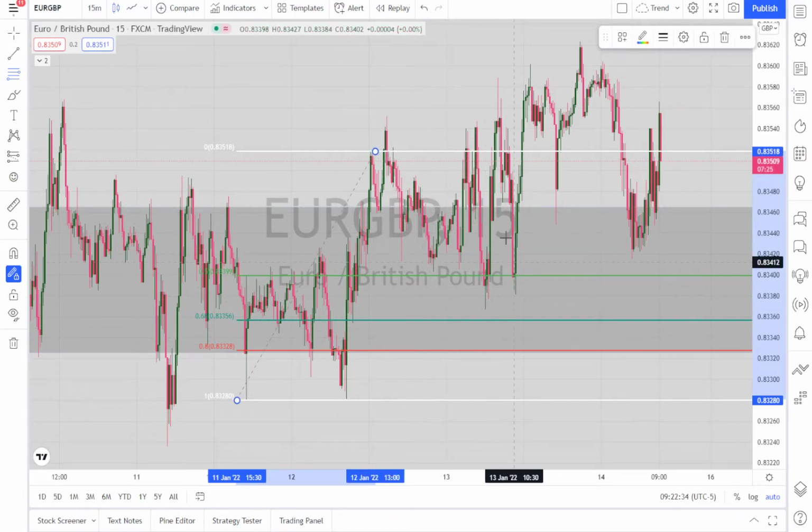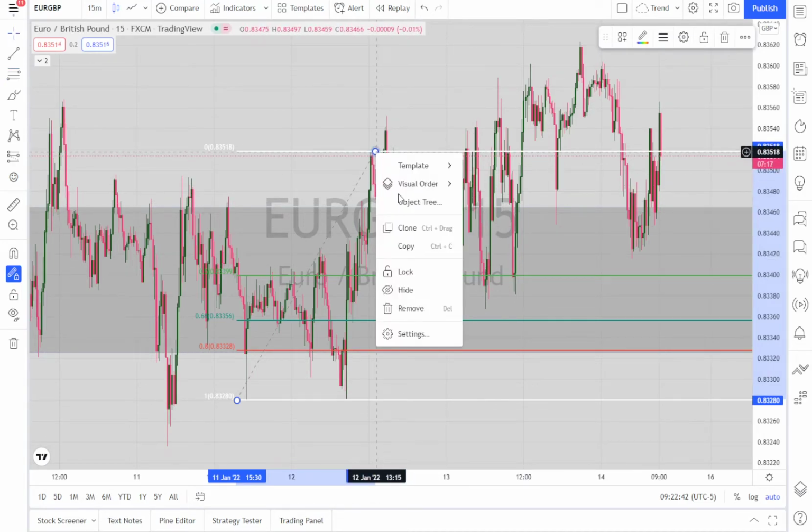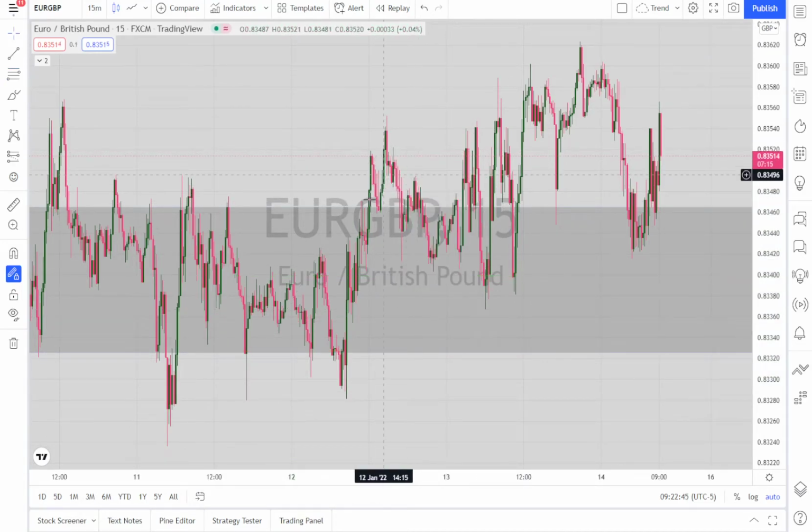As you could see here, we didn't get it. We didn't get the entry. Okay, it didn't come to our entry, so we're not too worried about that one. We removed that, and as we could see, price, this was the new low that created that high.